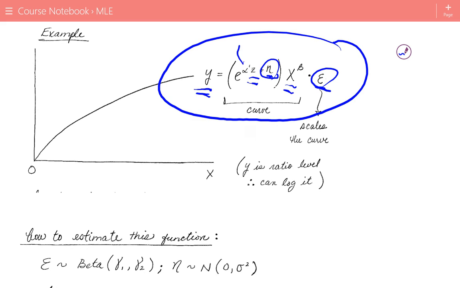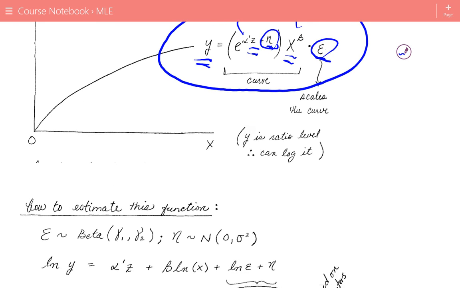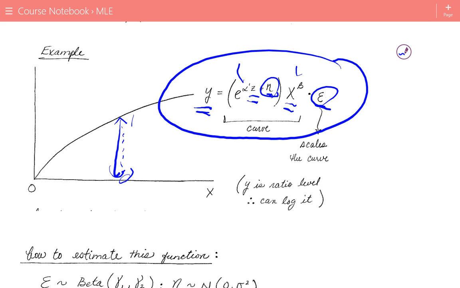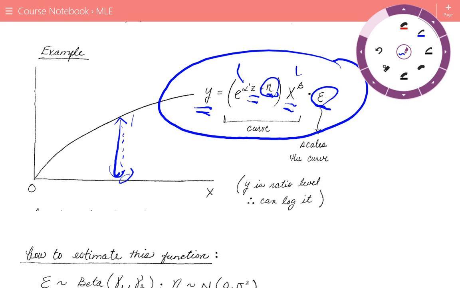The parameters are alpha and beta in this particular function. And you can think of epsilon, we're going to assume, has a beta distribution, which means it'll go from 0 to 1, which means it really is going to scale from the top curve down, 0 to 1. All right, if epsilon is equal to 1, you get just this component of it.